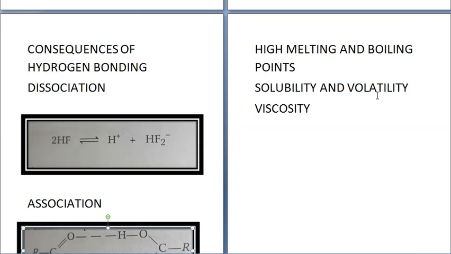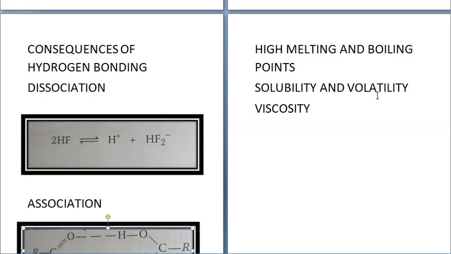Organic compounds like alcohols and carboxylic acids are soluble in water due to formation of hydrogen bonds with water. Paranitrophenol is more soluble in water than orthonitrophenol because paranitrophenol can form intermolecular hydrogen bonds, while orthonitrophenol forms intramolecular hydrogen bonds. For the same reason, paranitrophenol is less volatile than orthonitrophenol.